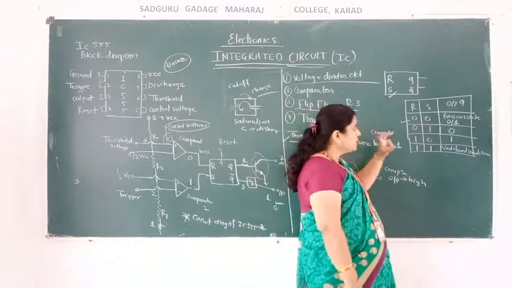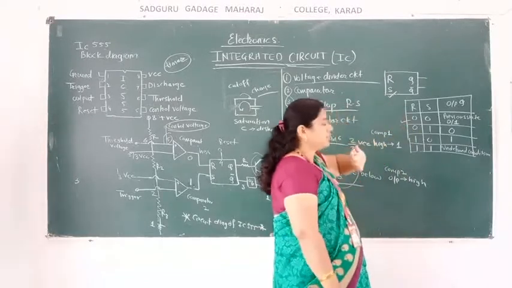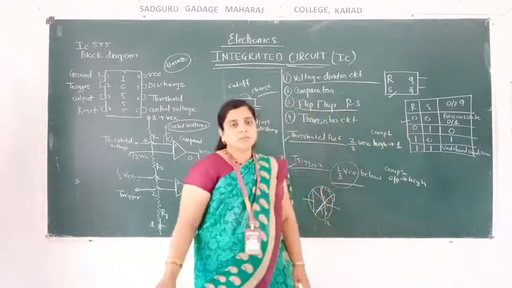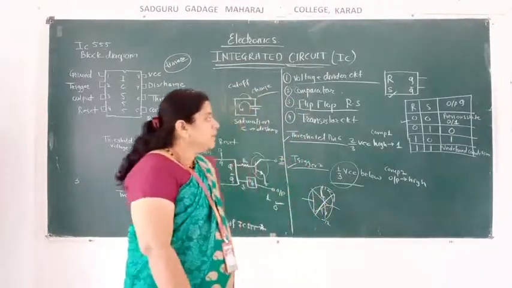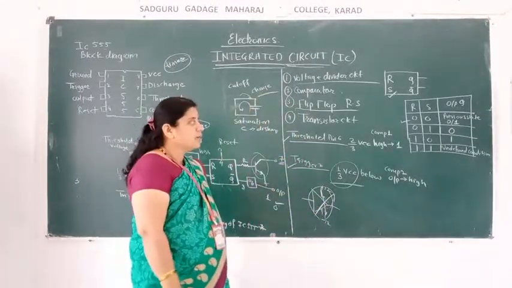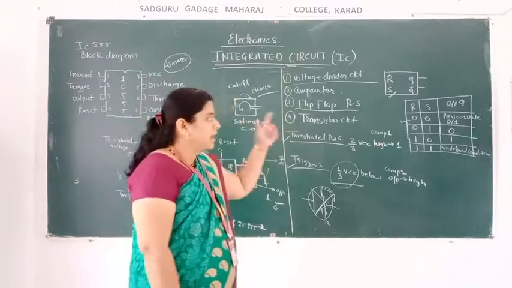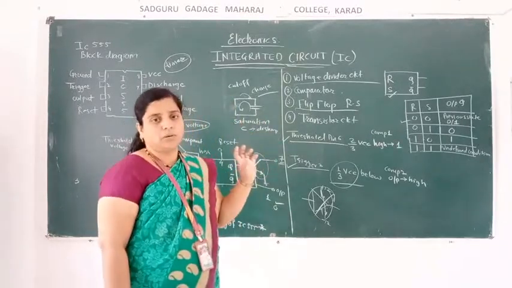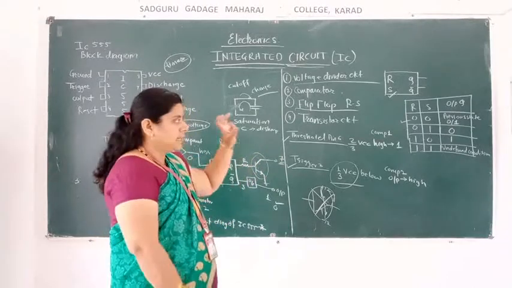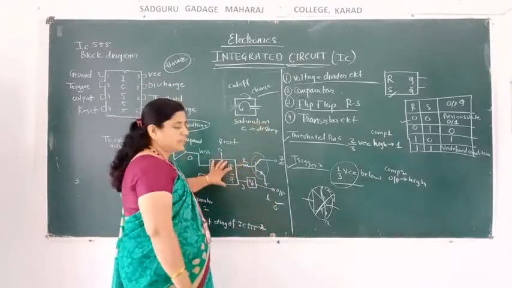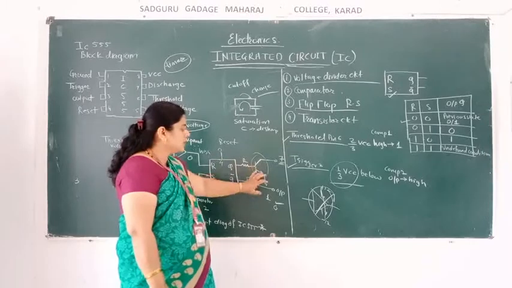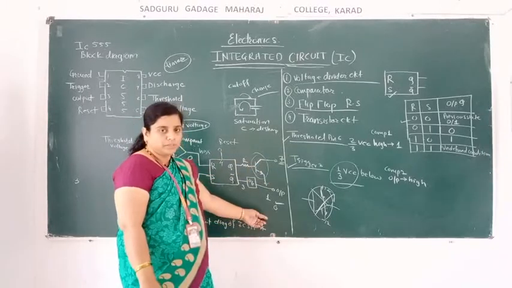So only two conditions we have to consider in the RS flip-flop: 0,1 and 1,0. At that time, if R is 0 and S is 1, the output will be always 0, and if R is 1 and S is 0, the output will be always 1. That working only you have to consider here, and you have to write according to that output.